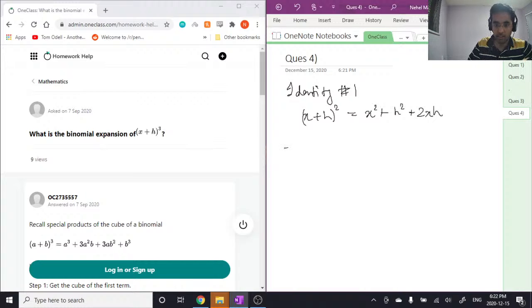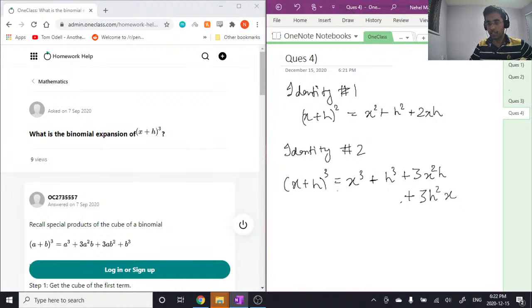And then for this question, we actually have this identity. So instead of a square, what if we have a cube? So there'll be x cube plus h cube plus 3x squared h plus 3h squared x.